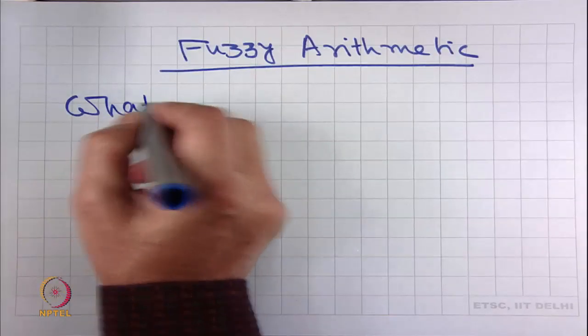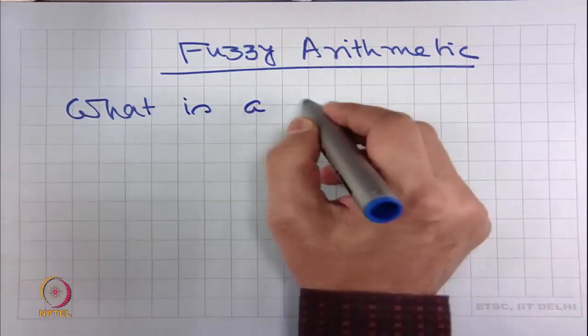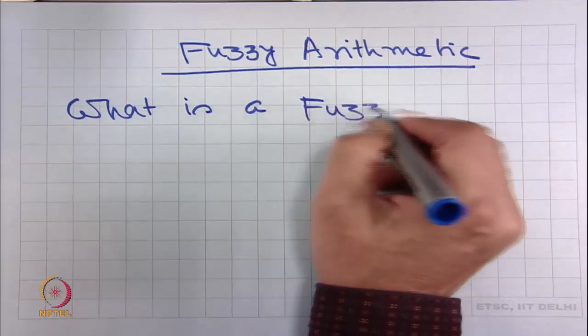So, in today's lecture and in the next few, I will be discussing mostly fuzzy arithmetic. As a first step, we need to define a fuzzy number. So, what is a fuzzy number?